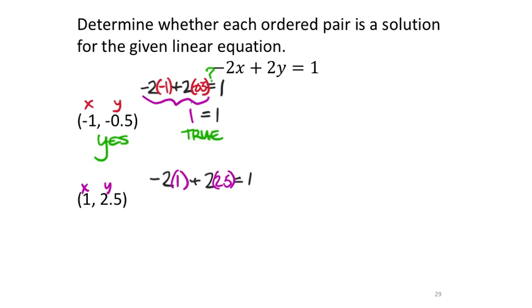My instincts tell me no, but let's just make sure with the calculator. -2 times 1 plus 2, I almost typed that in wrong, times 2.5, positive, enter, and all this stuff right here just gave me a 3. So as I'm checking this, I found that 3 equals 1. That's false. So I guess no or false, either one.